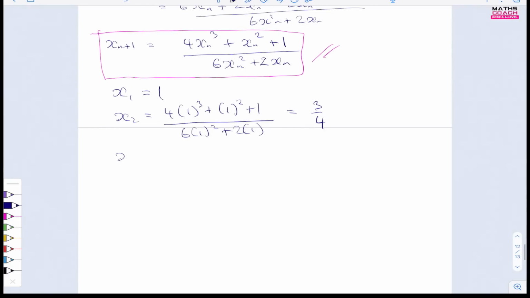And then for x3 it will be 4 times 3 over 4 cubed plus 3 over 4 squared plus 1, all over 6 times 3 over 4 squared plus 2 times 3 over 4, which should give you the answer 2/3.